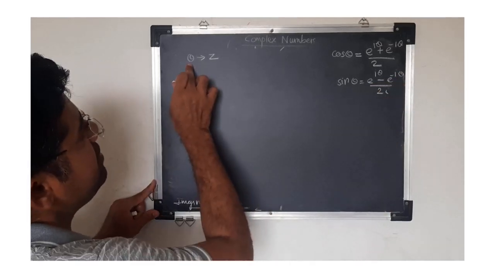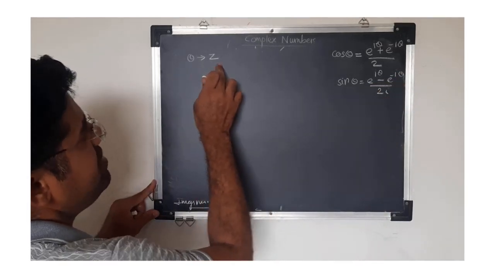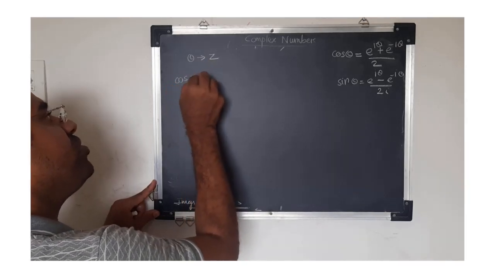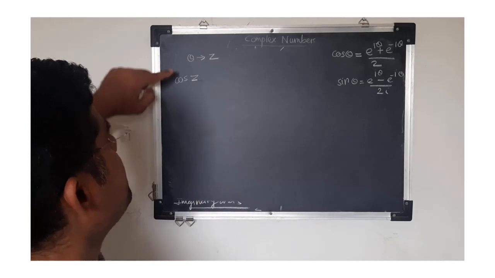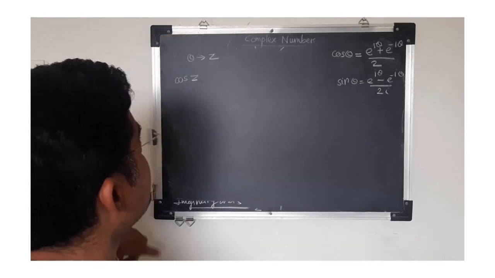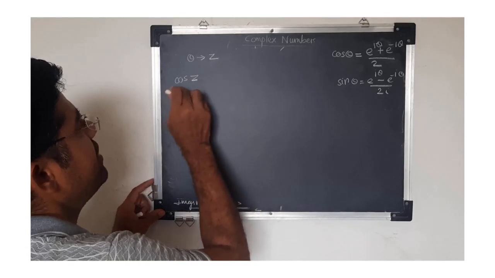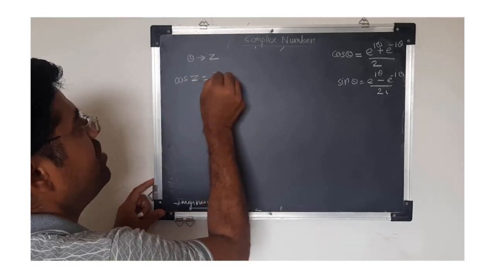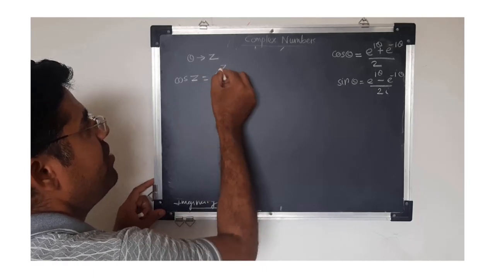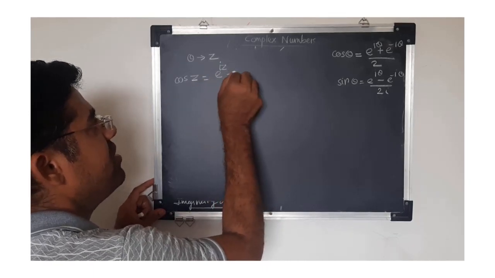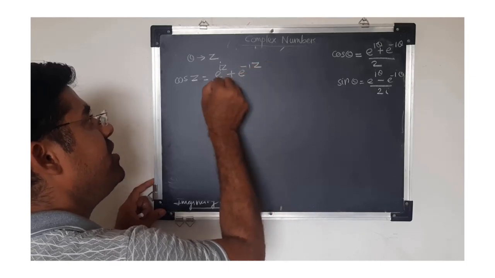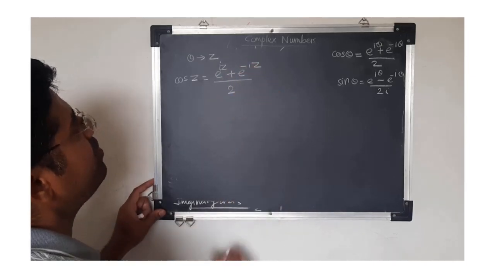Now you have changed theta to z, means you want to find the cos of z. Instead of that theta number you have to change it with the complex number z, and that is nothing but cos z, which is equal to e raised to iz plus e raised to minus iz divided by 2.